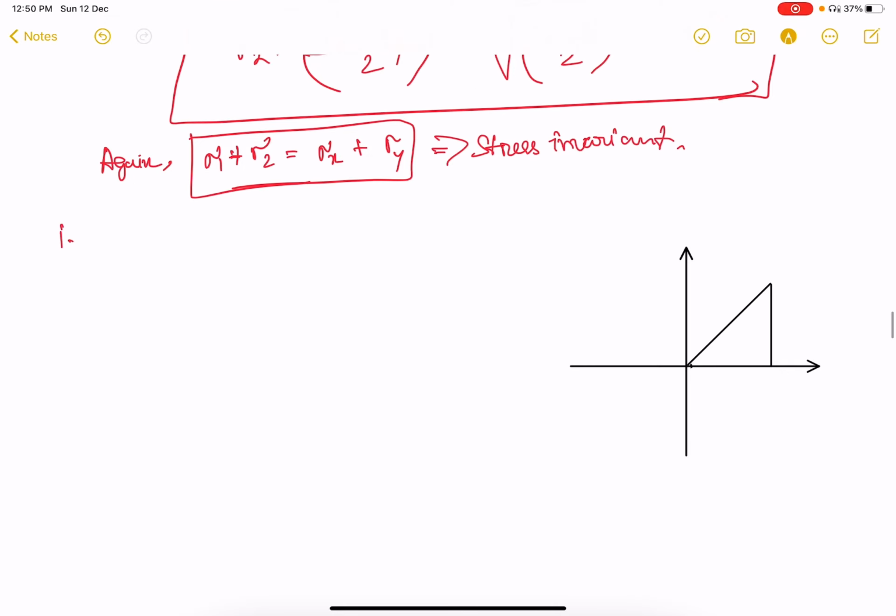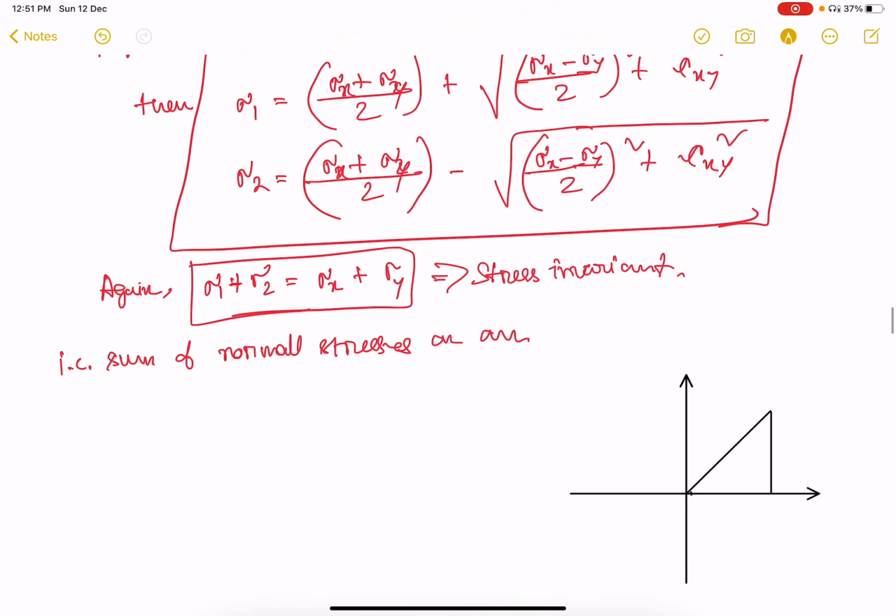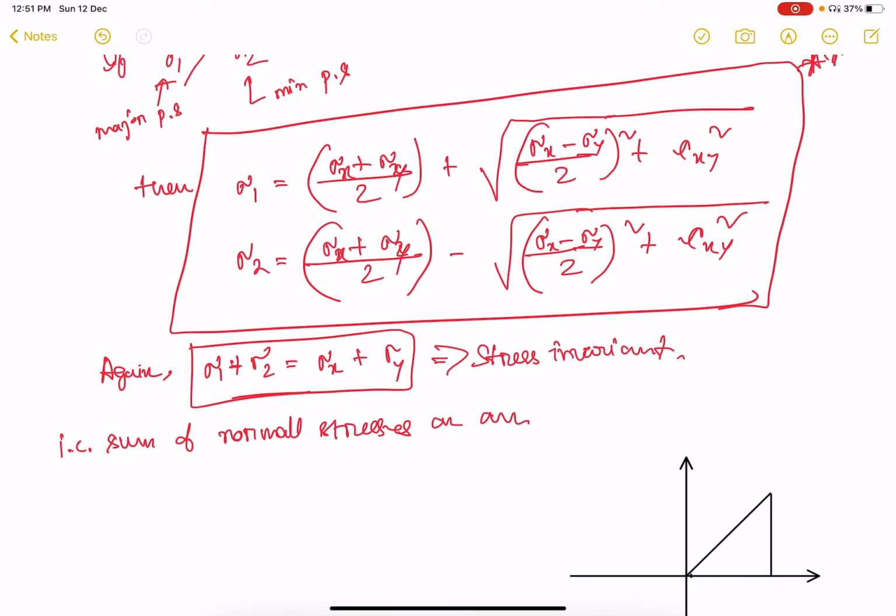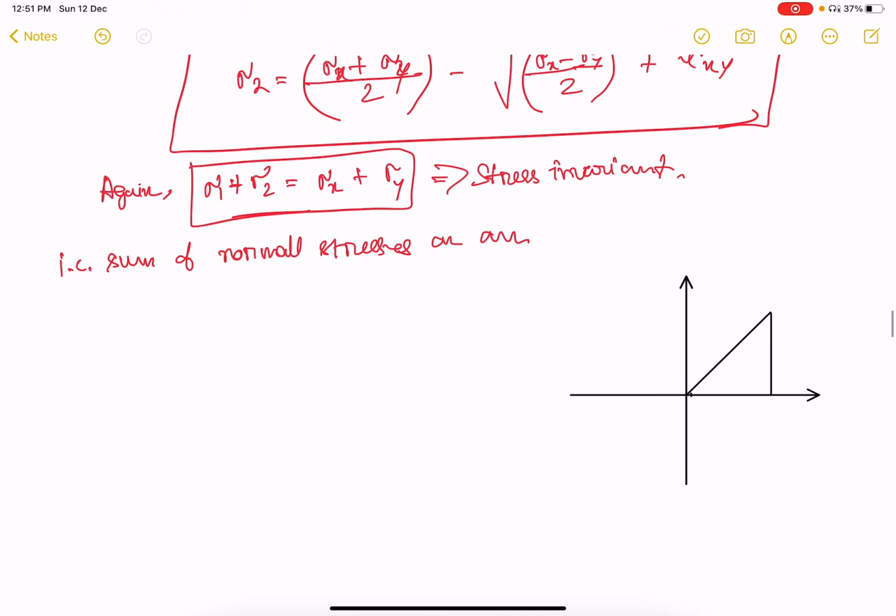That is, the sum of normal stresses on any two perpendicular planes is constant, invariant.